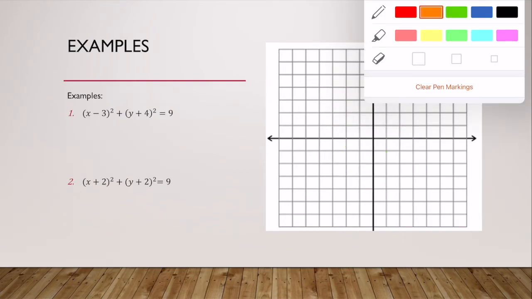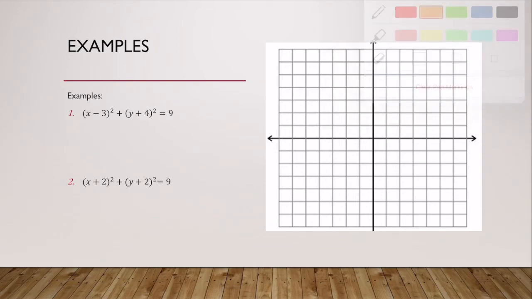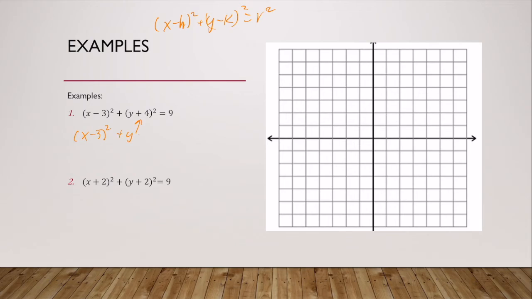Okay, so let's start by identifying my center. Remember, it has to be of the form x minus h squared plus y minus k squared is r squared. So I need to rewrite this with a negative. So I have x minus 3 squared plus y minus a negative 4 squared is 9.